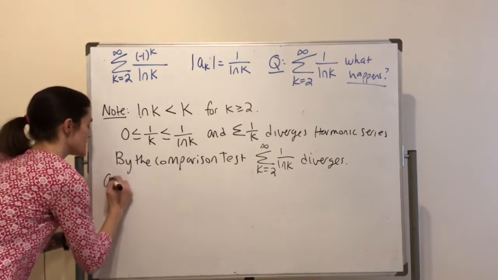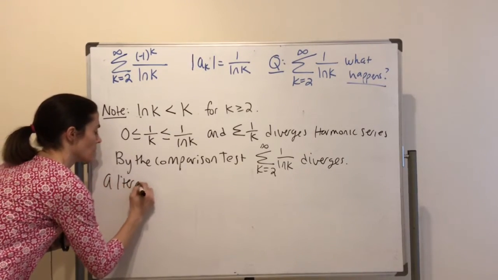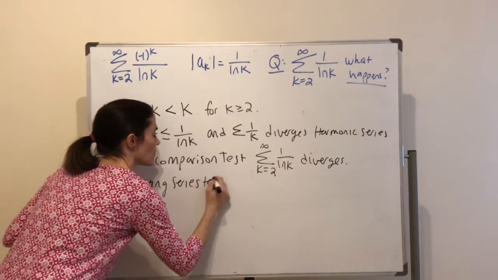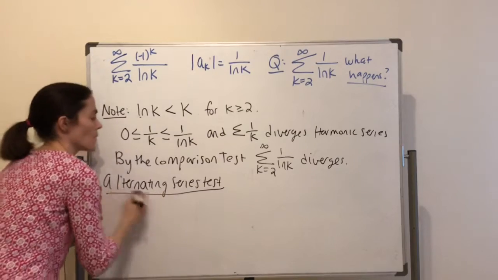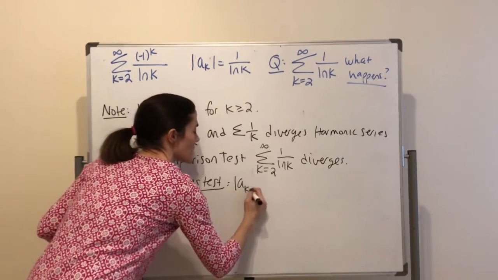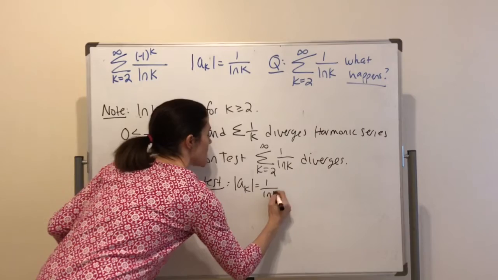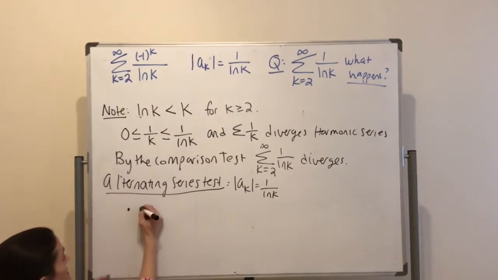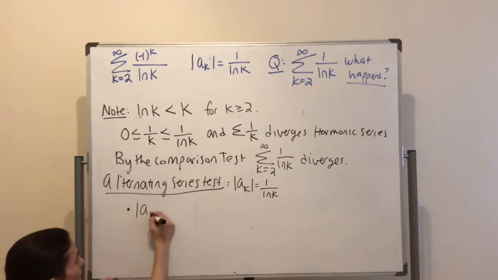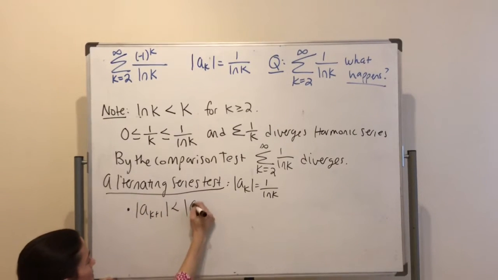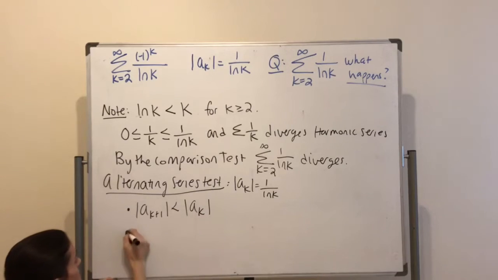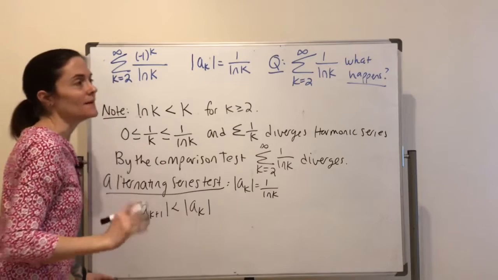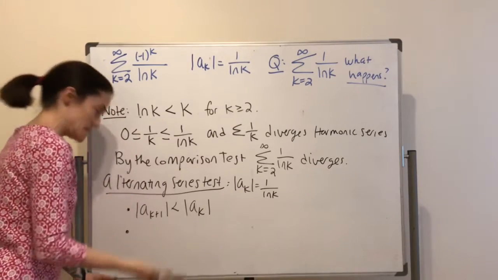Now for the alternating series test, I know the absolute value of a sub k is 1 over ln k. I've already commented on that. And this definitely satisfies that the absolute value of a sub k plus 1 is less than the absolute value of a sub k because, while the natural log is growing, 1 over it would be decreasing.